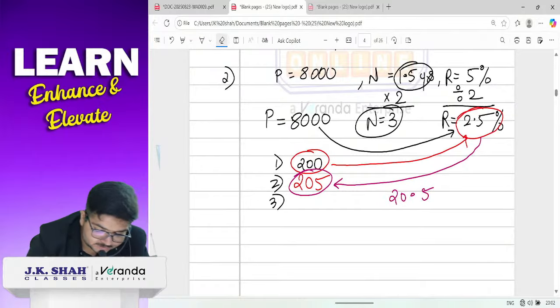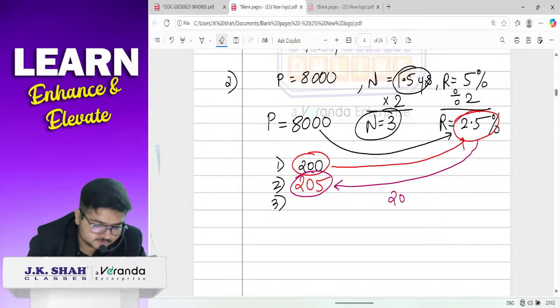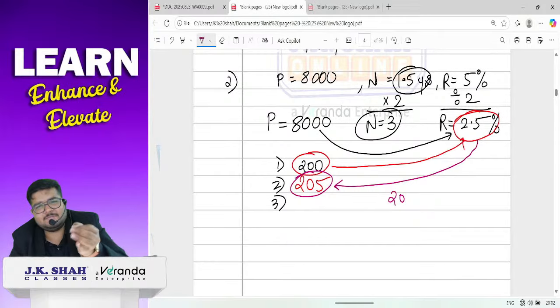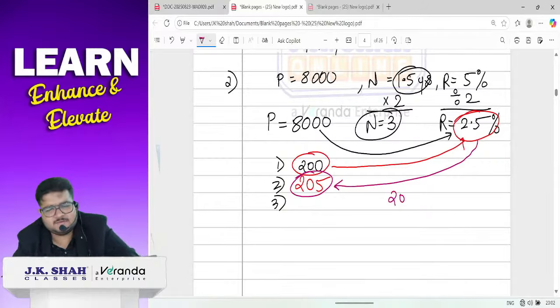Please ignore the 0.5. That will make negligible changes in our answer, and that is okay if it makes negligible changes. 0.5 से ज़्यादा फर्क नहीं पड़ेगा.